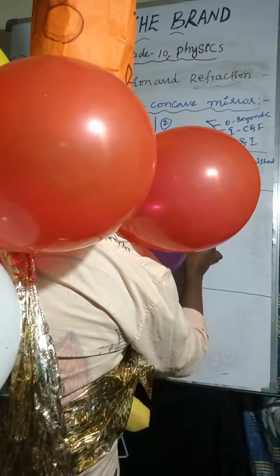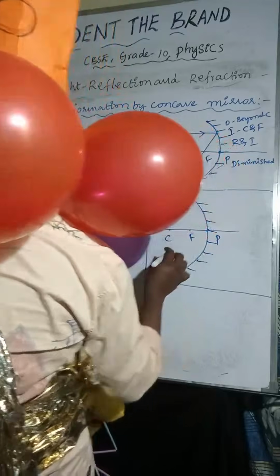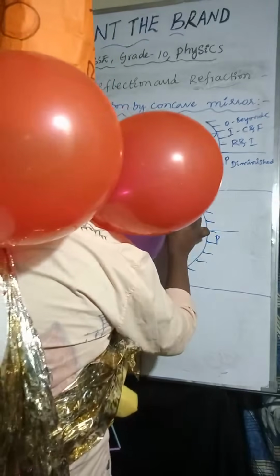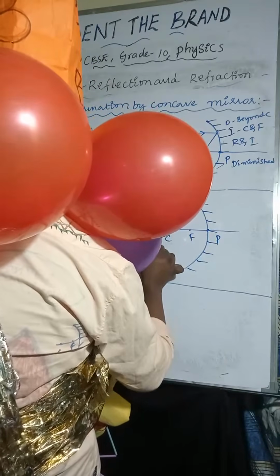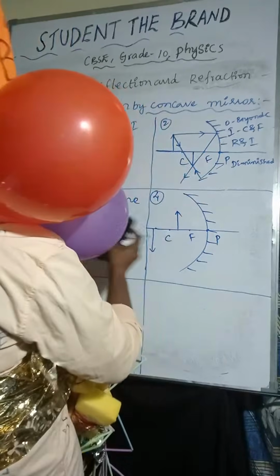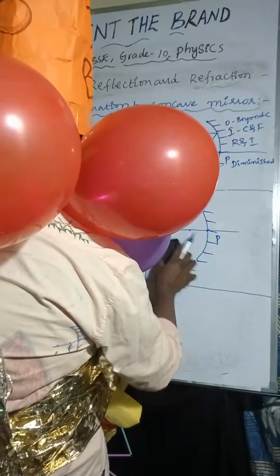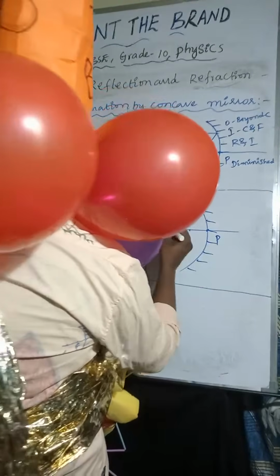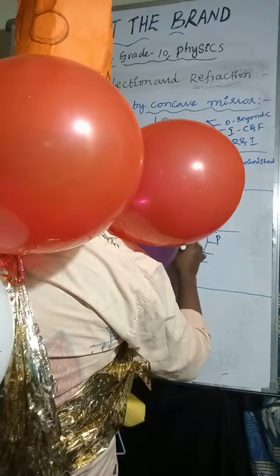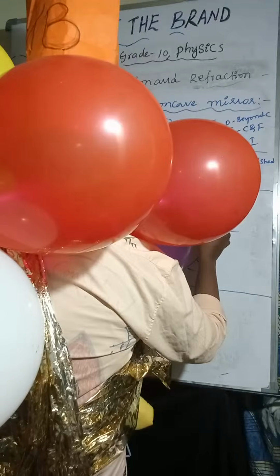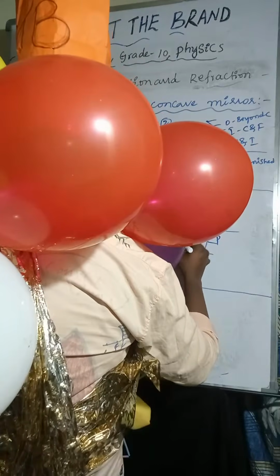Pole, focus, center of curvature. Object is placed between C and F. Image is forming beyond center of curvature. So one light ray I am taking like this, it passes through focus.